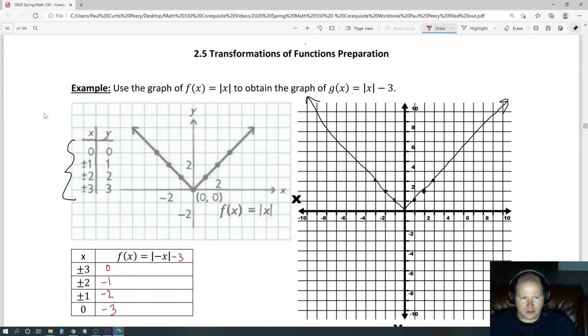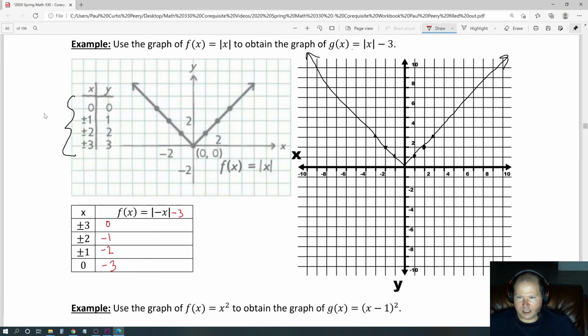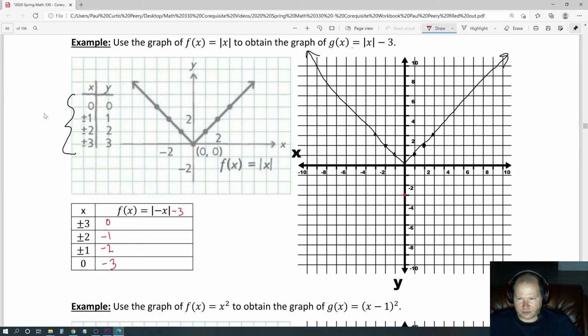All right, so let's try this. So whether you plug in a positive or negative 3, let's start at 0. So 0 gives me a negative 3, which is right there.